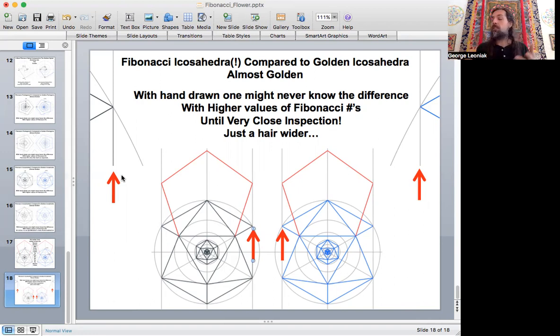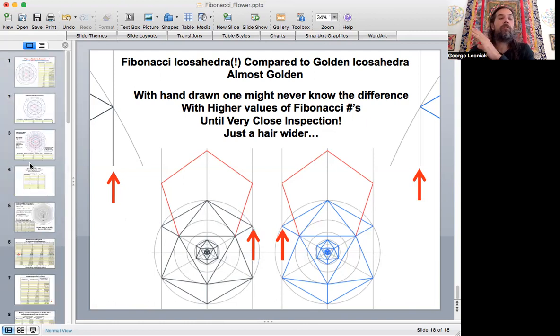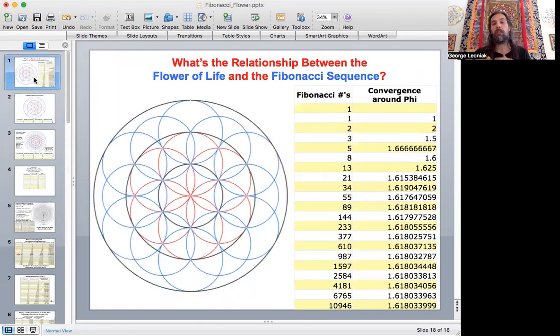And the Fibonacci sequence, as we know, is the closest that it can get to mimicking that type of pattern that deals with whole numbers. Any numbers you can start with, you can continue that sequence out by adding the previous two values and getting the third. So that's the overall summary of this video: what's the relationship between the flower of life and the Fibonacci sequence?